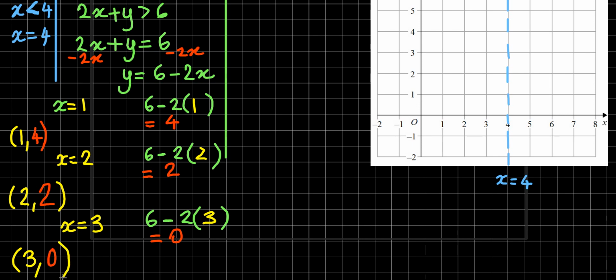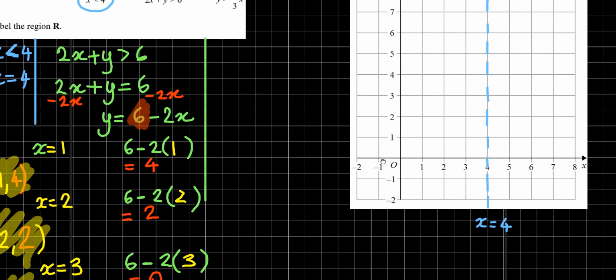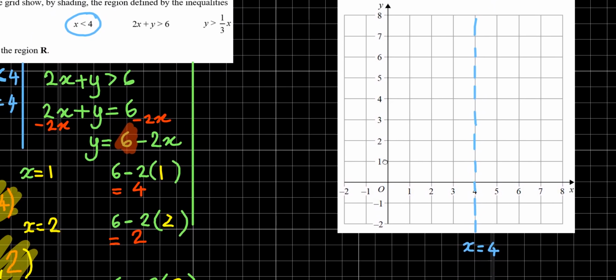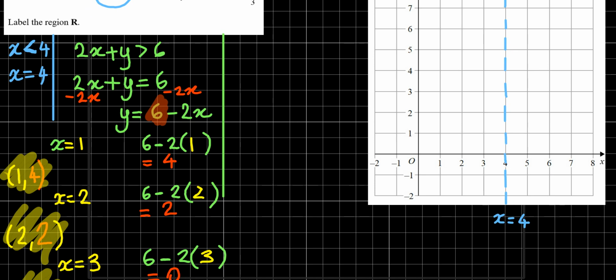So if I plot those 3 coordinates, they should fairly be on a straight line. Also, the intercept is 6, so I'm going to have a y-intercept at 0, 6.